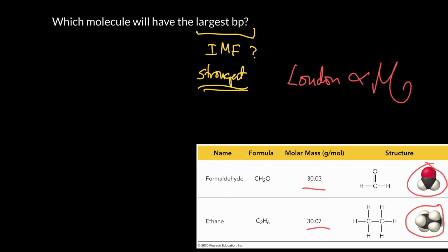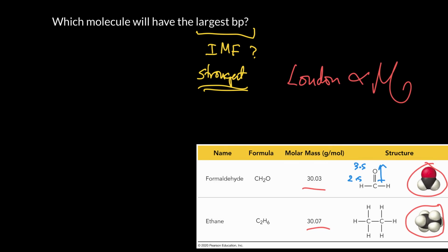And when we look at these two structures, the first thing we should notice is that there's a whopping great big carbon-oxygen bond here. And carbon and oxygen have very different electronegativities. Oxygen is 3.5. Carbon is 2.5, so that difference is 1.0, and that gives rise to a whopping great big dipole moment. And if we look at the CH bonds, we've said earlier that their electronegativities are almost the same.